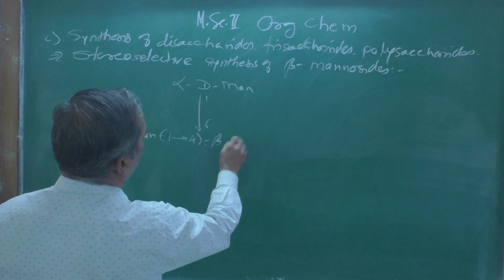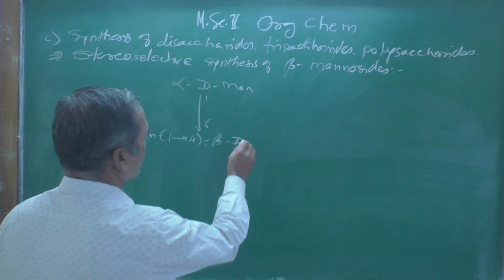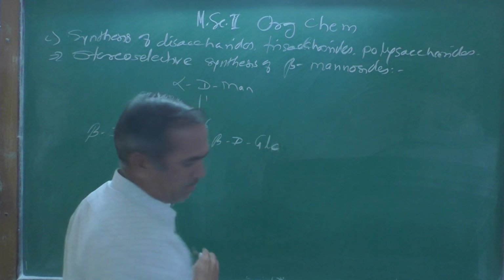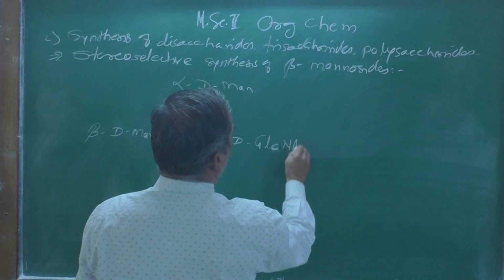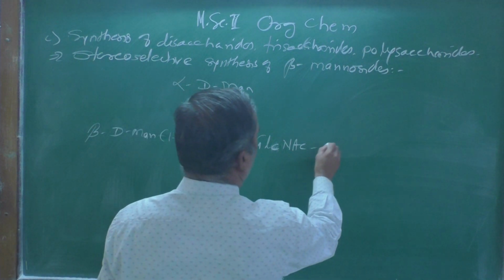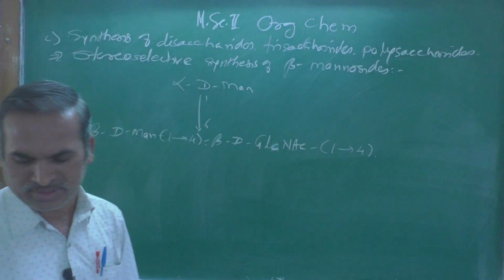Then beta-D-GlcNAc, N-acetyl, then in a bracket 1 to 4, that is shown by the linkage.